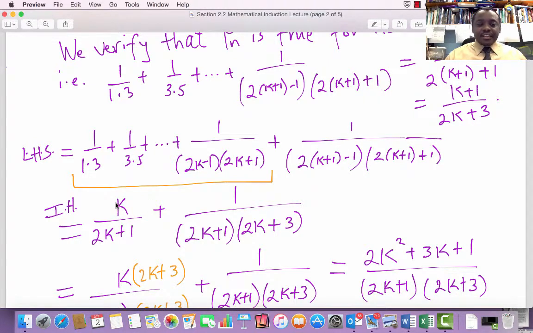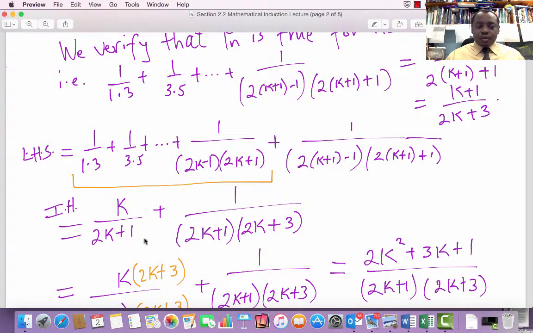So that gives us k over 2k plus 1 plus the last term becomes 1 divided by, in here we can expand this out and that should give us 2k plus 1, and we expand this out also and that should give us 2k plus 3. So by the induction hypothesis, I have k divided by 2k plus 1 plus 1 divided by 2k plus 3.